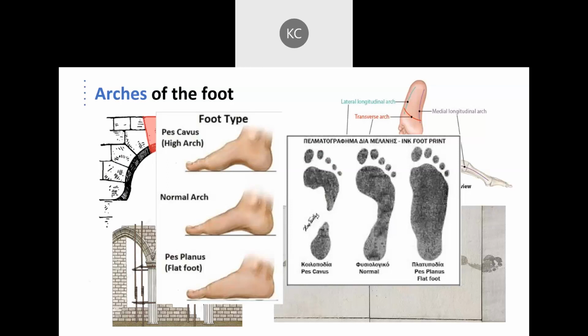So during the gait cycle, during walking, you move one foot forward and you place your foot flat on the ground, right? When you do that, you stretch out some of those ligaments on the underside and you distend them. Those ligaments stretch out, and they allow for the absorption of the weight that's coming down.